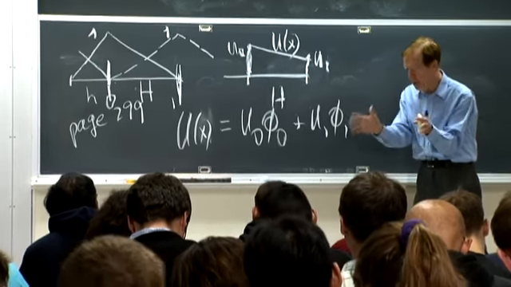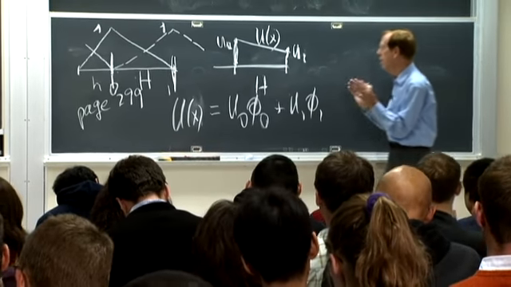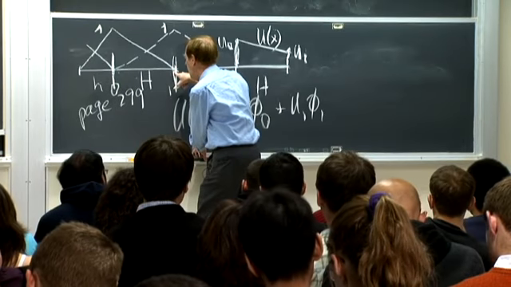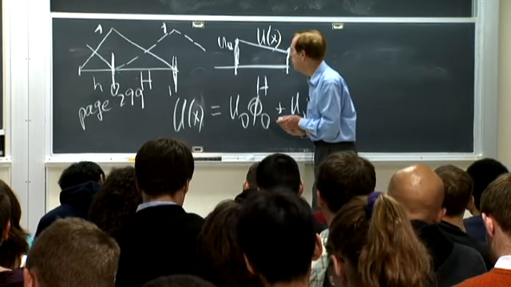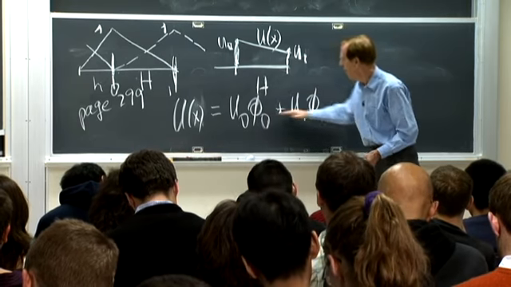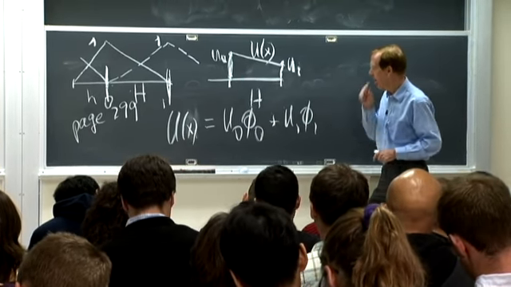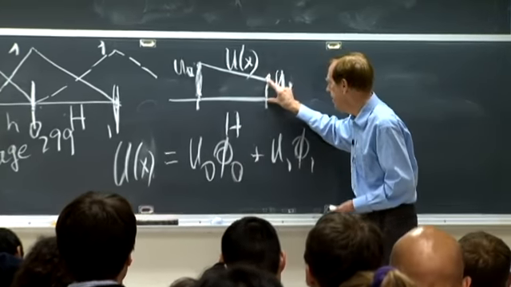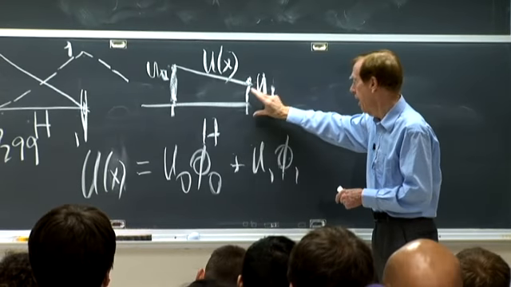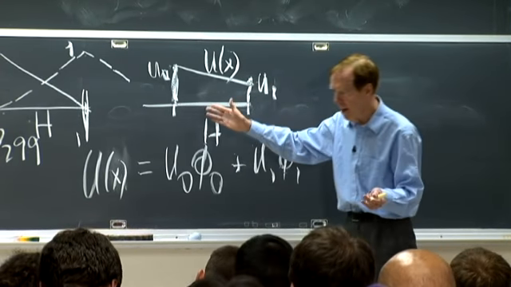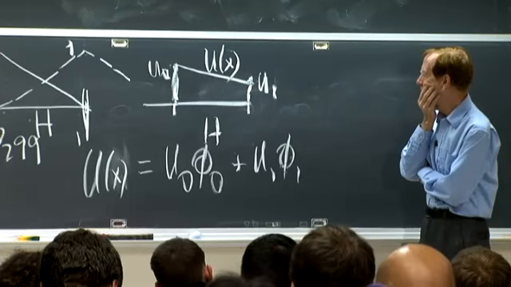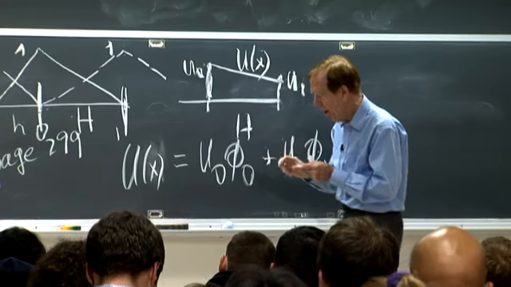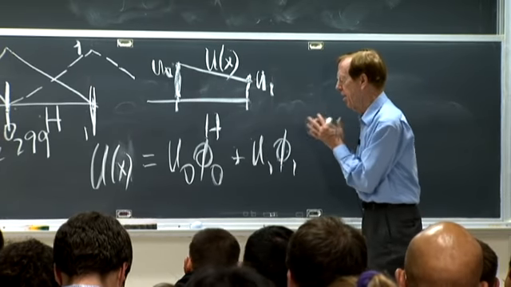I'm focusing inside one element, one interval. I've numbered them 0 to 1, but of course that distance is h. Okay. So there's my function, right? Everybody agrees that this combination starts out right, it ends up right at height u1, and it's linear, so that's got to be right. So really, what's the contribution from that element?